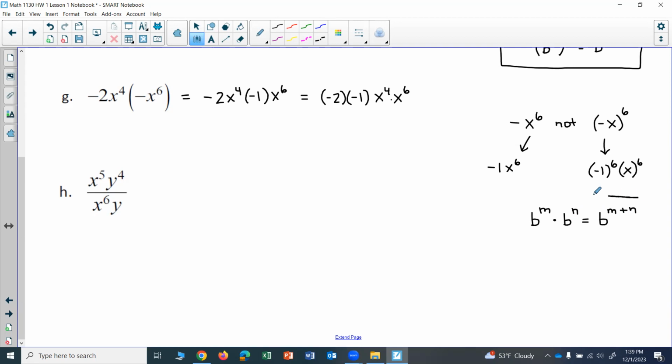This is the exponent rule that I'm going to use to simplify this. So this would become positive 2, multiply the two numbers together, and then x to the 10, because x to the 4 times x to the 6 is x to the 4 plus 6, which is 10. So that would be my final answer for that one.